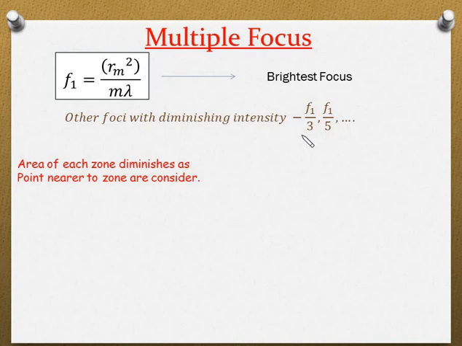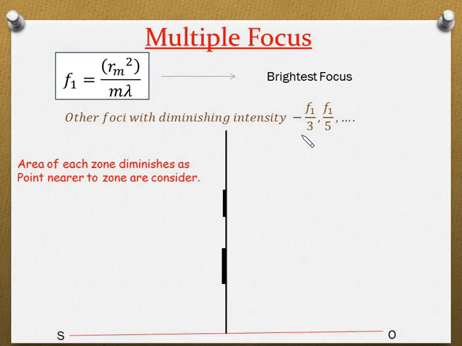Let's understand this by this graphical representation. This is our zone plate, this is the focus point, and this is the source point. Now suppose you move here, but you are not changing anything in the zone plate. If you divide this zone plate in terms of half period zones, then this will no longer be the first half period zone.